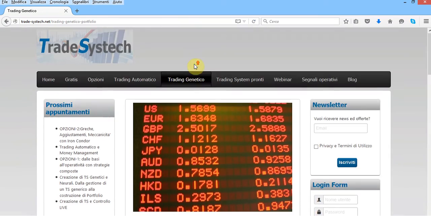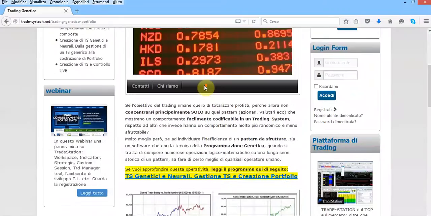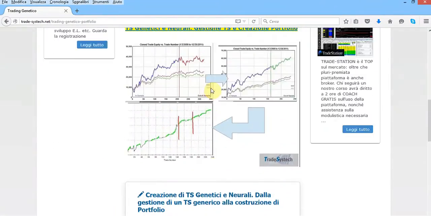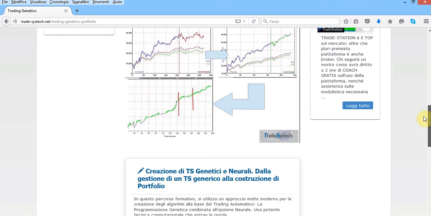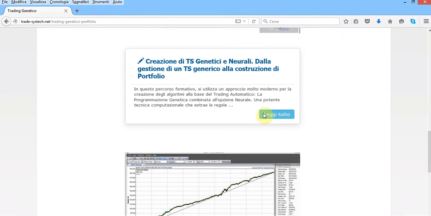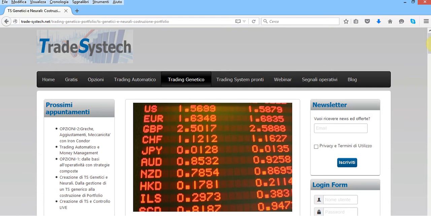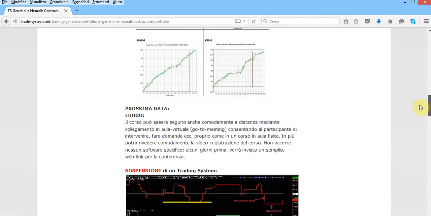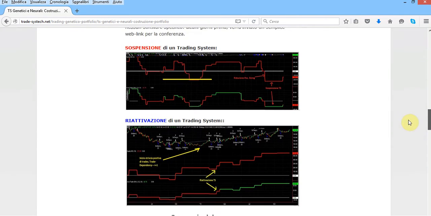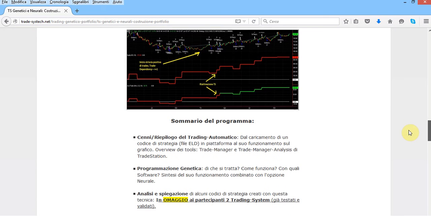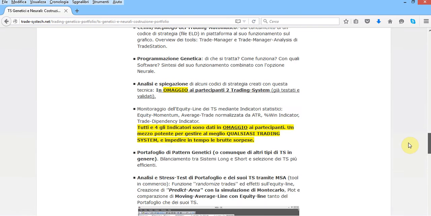We dedicate an entire course to genetic programming, with some tips and advice on how to use this software, for example. We also gave a couple of bonuses regarding this very interesting technique, with a couple of trading systems that are already tested and validated, so which are already robust.